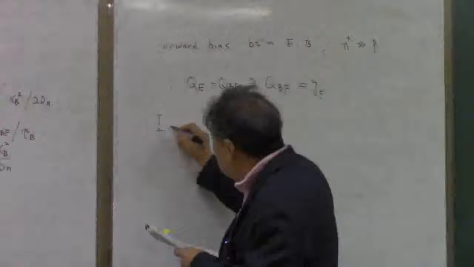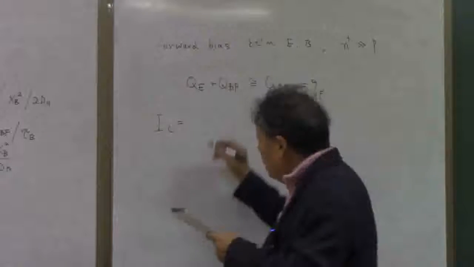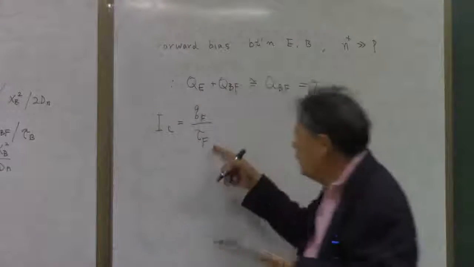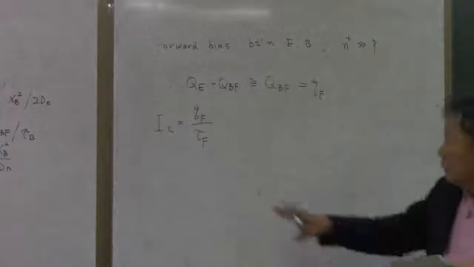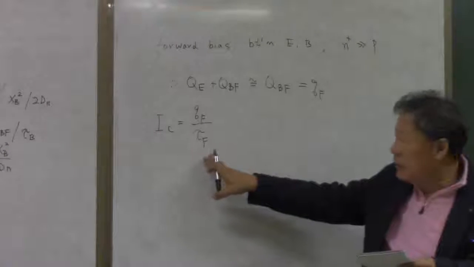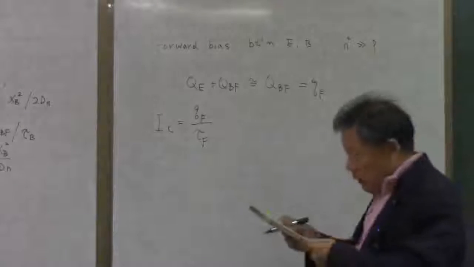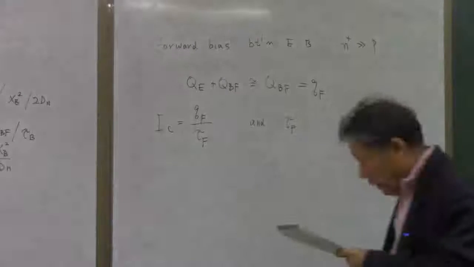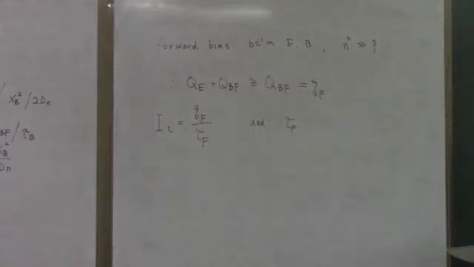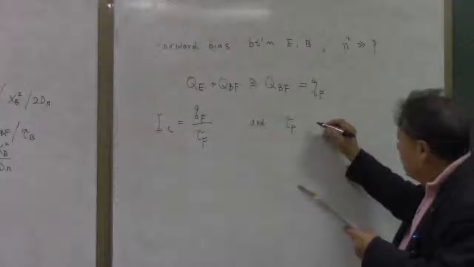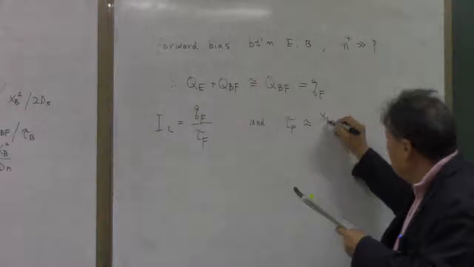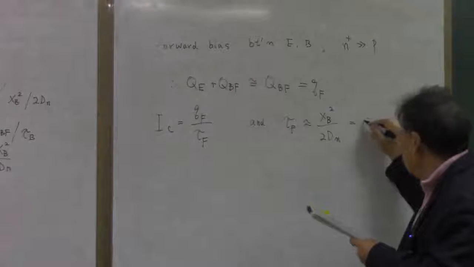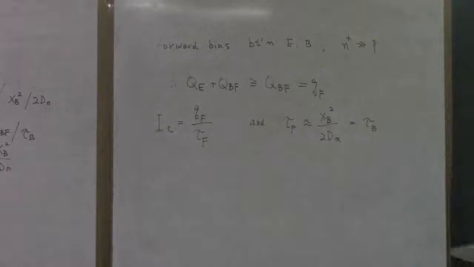And see, the collector current has to be defined like the charges divided by the characteristic time, that we define the characteristic time in this manner. And now we have tau F is going to be approximated to the dN, which is exactly the same to the tau B. Okay?